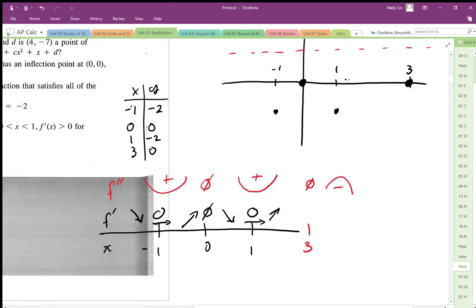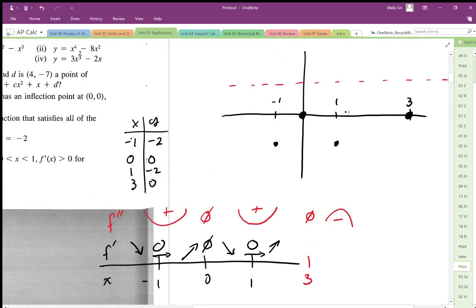So what we should expect is some graph that's going to go from way up here, come down. That's going to be a minimum point for my graph. This looks like it's changing from positive to negative abruptly, so that's a cusp. Okay, so that's going to be a kink.